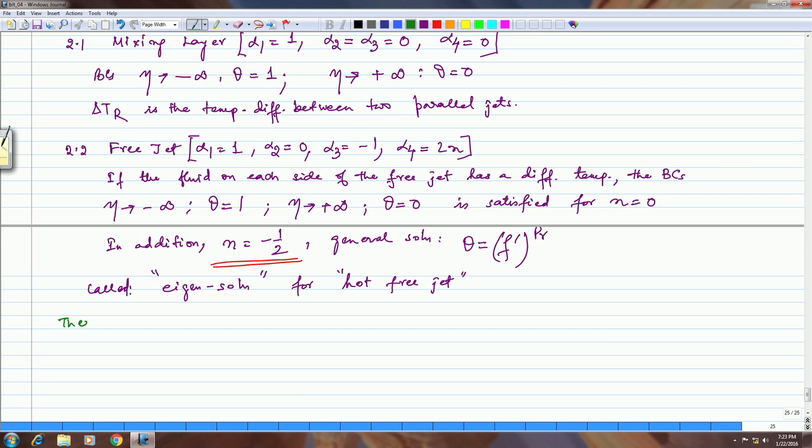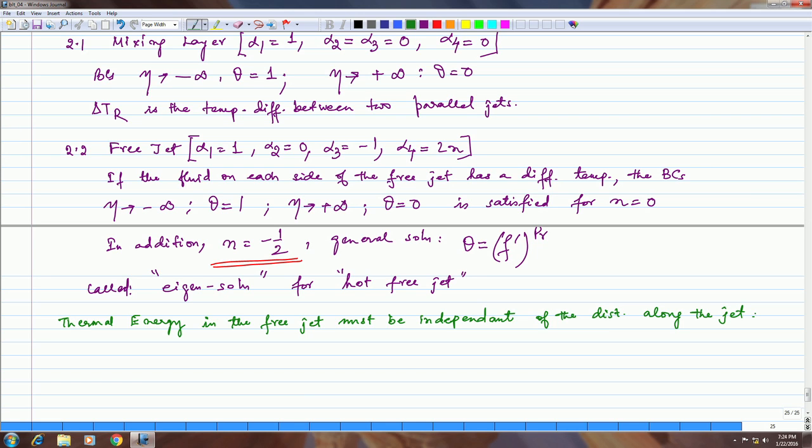Thermal energy in the free jet must be independent of the distance along the jet.